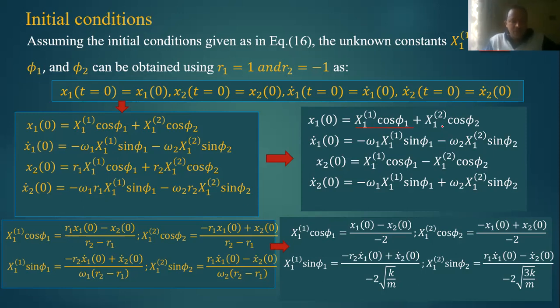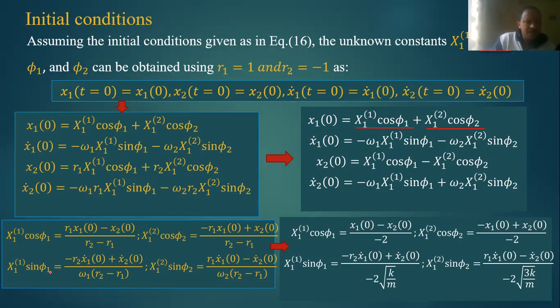Again, x1 of 2 cos phi 2 equals this equation. Because we developed this at the very beginning, we can refer back to it. Okay, that general equation is there. So directly taking those equations, we have this.